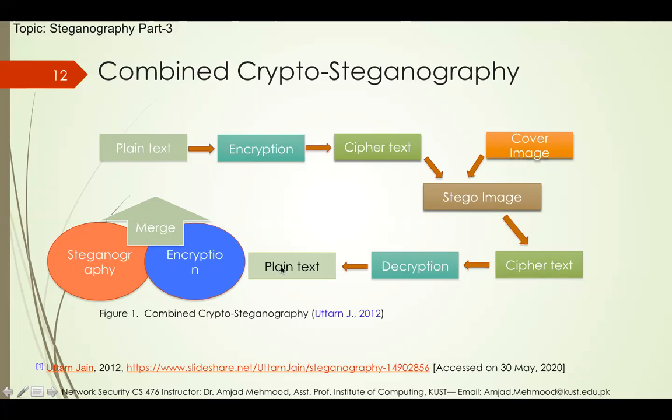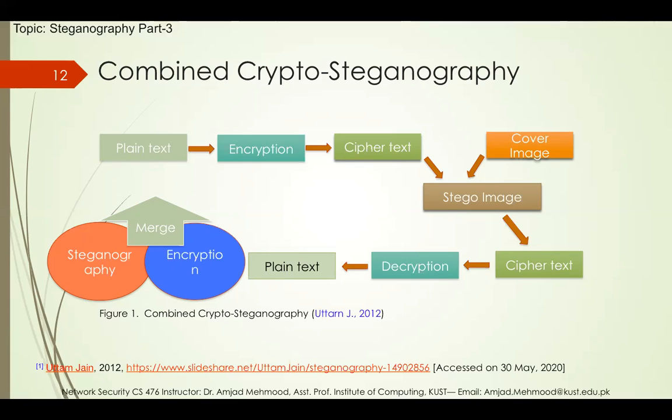So now you have two mechanisms: cryptography and steganography. With the help of cryptography, you convert the plain text to ciphertext, and then we store this ciphertext inside that image or file. So an intruder or malicious user first will not be able to find where the information is stored.